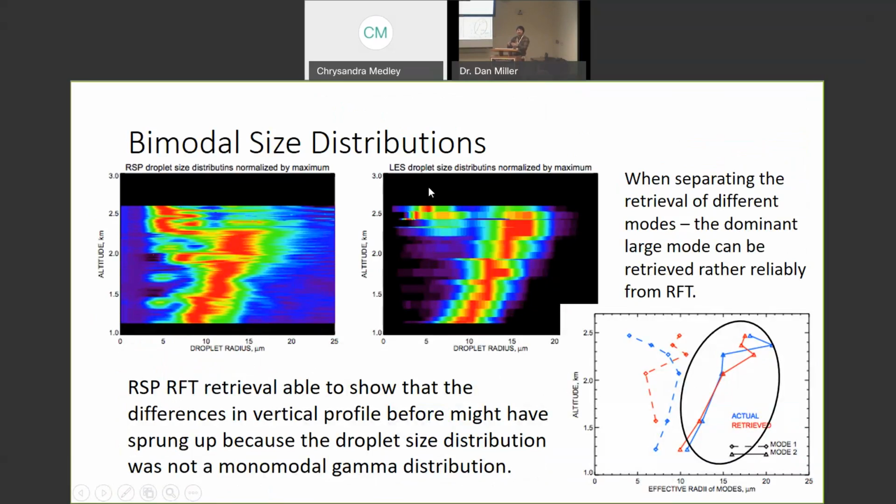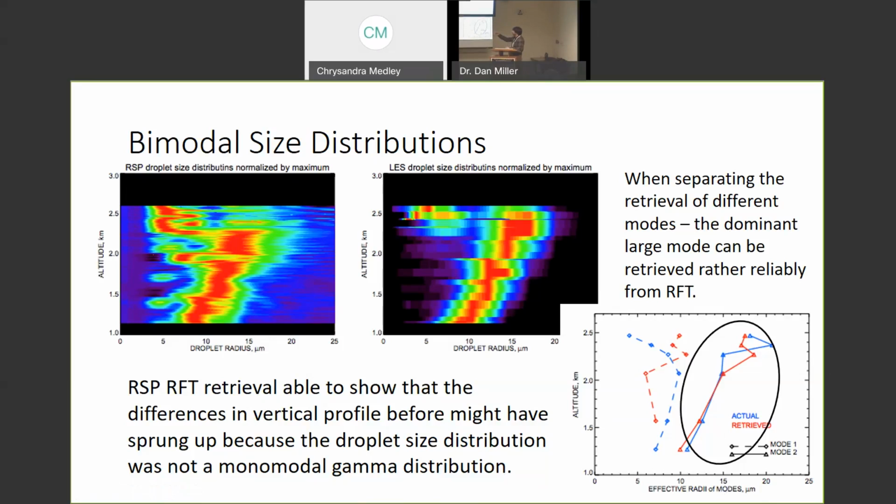This is something you might expect, though, because the cloud droplets that are larger are scattering more. And so your information about the large droplets is greater than for the small droplets. And if you look only at the droplet size mode that's the larger one, the one that you're more sensitive to in terms of scattering, you basically nail the vertical profile of the droplet effective radius.